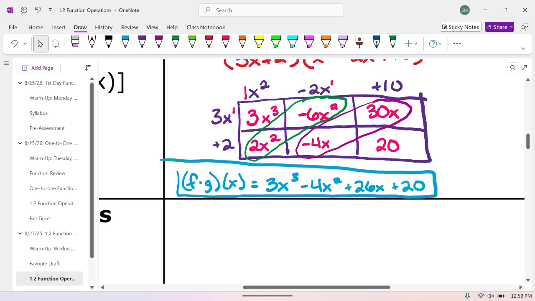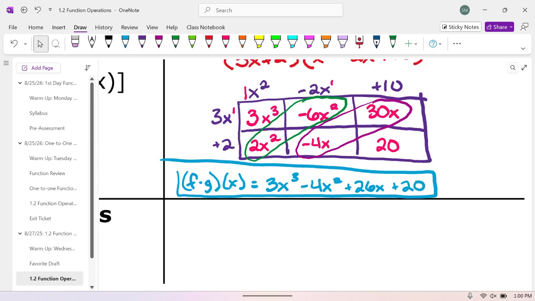So again, you could have totally foiled that and got the same answer, but like I said, me personally, I like box method because it's just more organized. It's easier for me to see. If you like foiling better, to each their own. All right. But just know that with foiling, the only kind of Achilles heel, specifically if you have a 3-term or bigger, is that there is a chance you may miss a term.